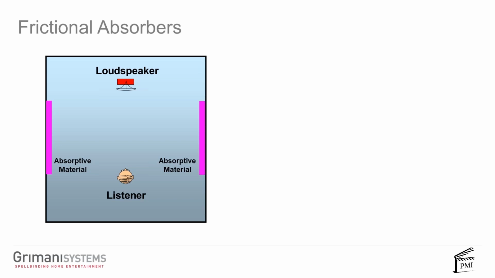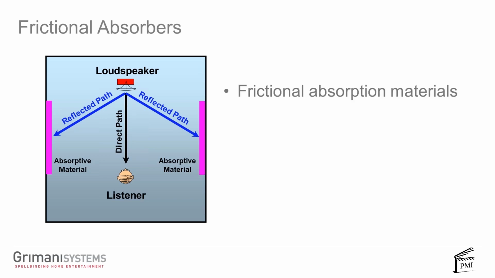First of all, let's look at the most common type called a frictional absorber. If you put some on the side of a room and there's a direct path and there's reflected energy, if the absorber is the right type and thick enough, virtually nothing will go back to the listener.